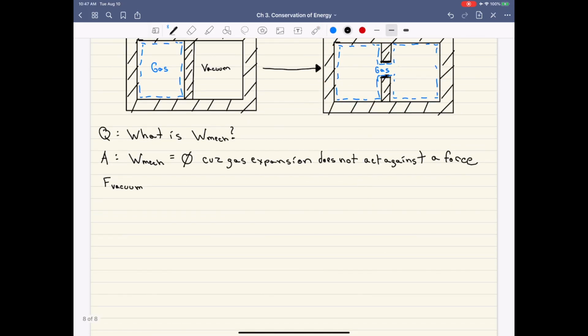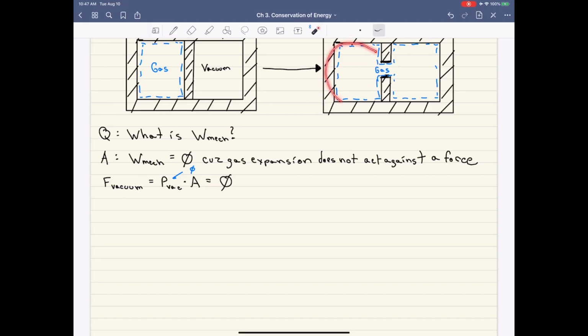With the vacuum, the force exerted by the vacuum is equal to the pressure of the vacuum times whatever area it's acting on, F = PA. And we're dealing with a vacuum, so by definition, the pressure of a vacuum is equal to 0. And so that means the force exerted by the vacuum is also equal to 0.